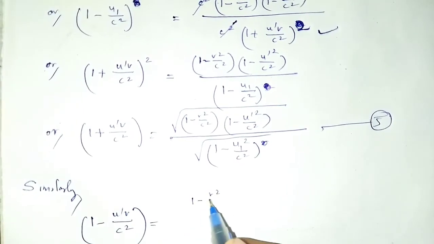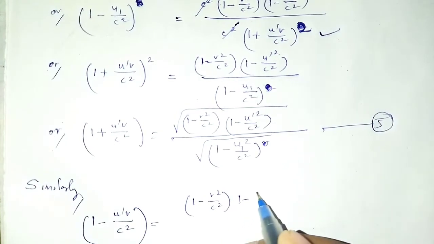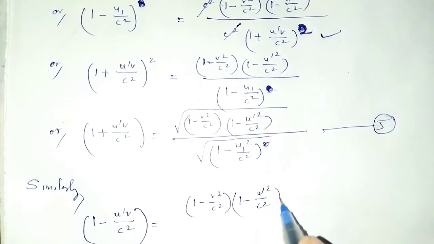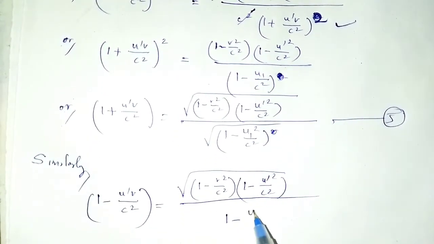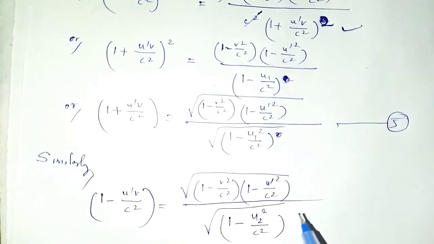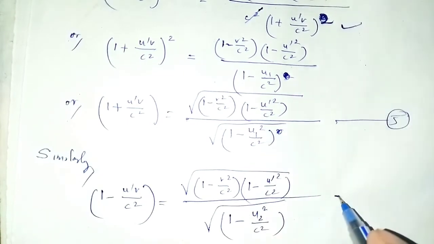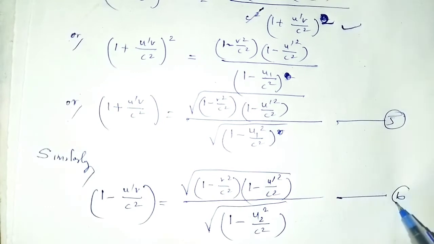Square root of 1 minus v square by c square into 1 minus u dash square by c square, divided by 1 minus u2 square divided by c square square root. That is equation number 6.